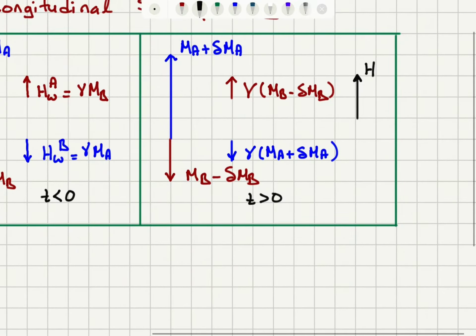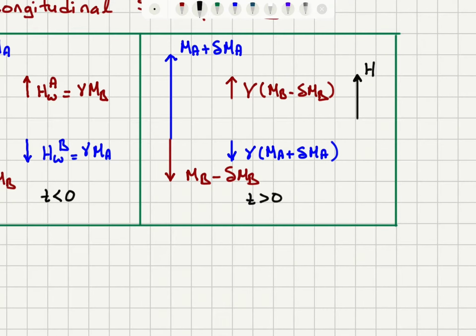For t greater than 0, when I turn on a magnetic field in the direction of the A sublattice magnetization, the magnetization of the A sublattice increases to M sub A plus delta MA, and the B sublattice magnetization decreases to M sub B minus delta M sub B. And now the Weiss molecular field acting on the A sublattice also changes, gamma MB minus delta MB, and on the B sublattice also changes, gamma MA plus delta MA.